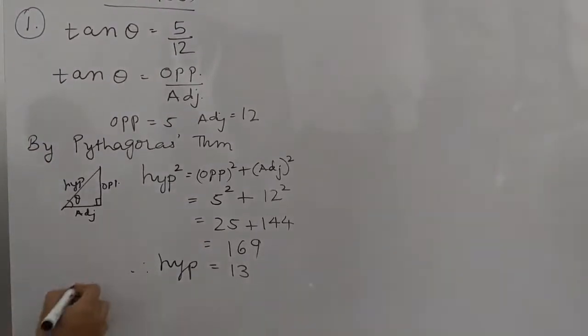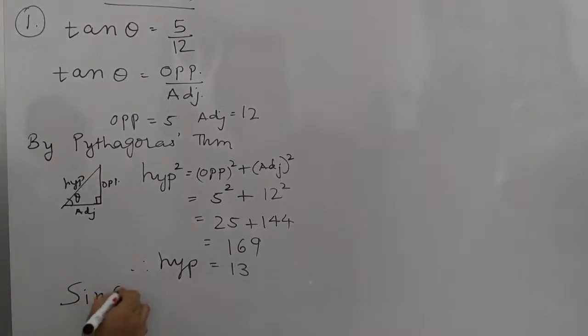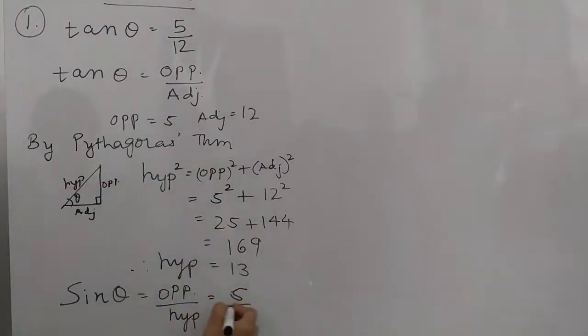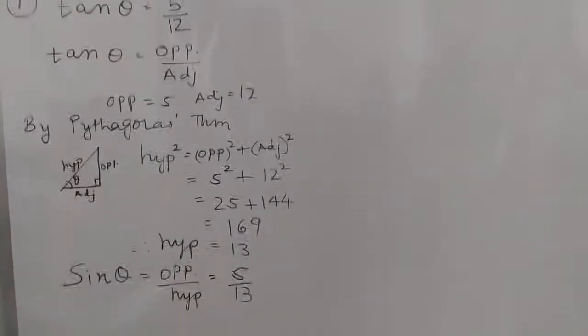Now we write our sine ratio, sine theta. As explained in the last video, sine theta is opposite upon hypotenuse. Opposite is 5 and hypotenuse is found as 13. Now let us write cos theta.